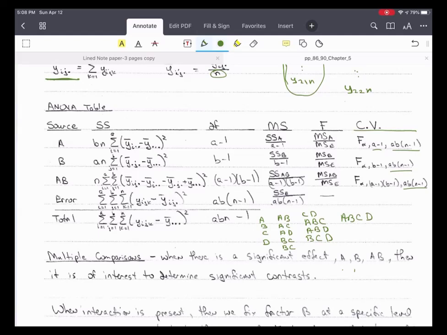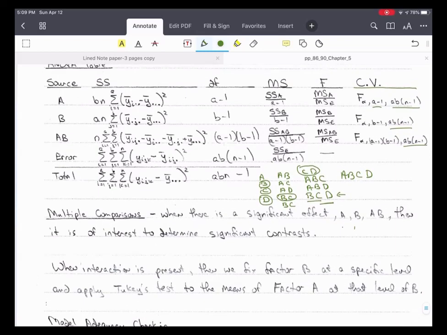So, if nothing was significant except this one, BCD, then I would keep C and D. I would keep B and C, okay, and I would keep BCD, because those are all contained. BC is contained in this, CD is contained in this, and then of course B, C, and D are contained in this. So those are the ones that I would keep. So sometimes it takes a little more complex model for you to see the pattern here. All right.